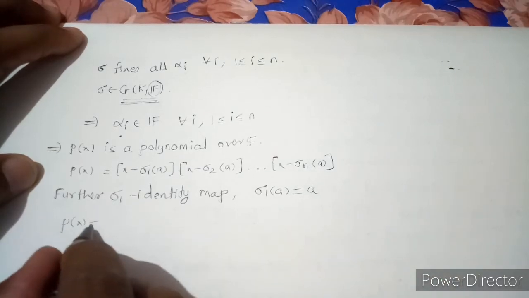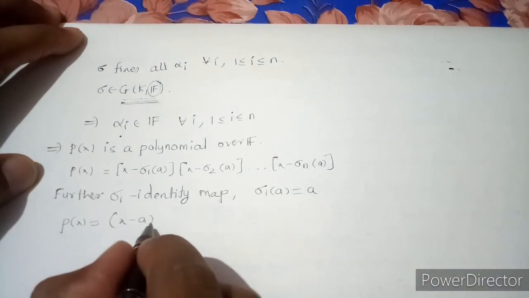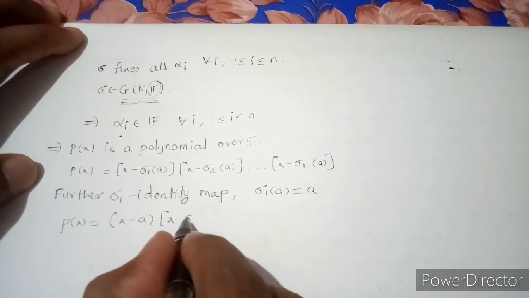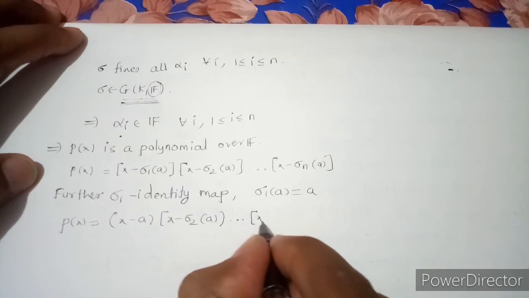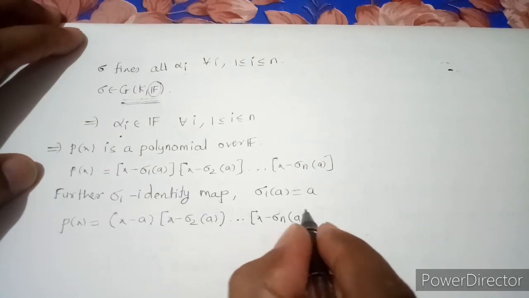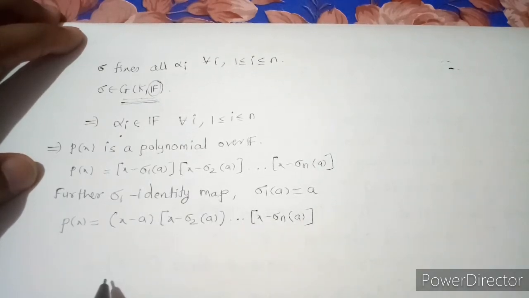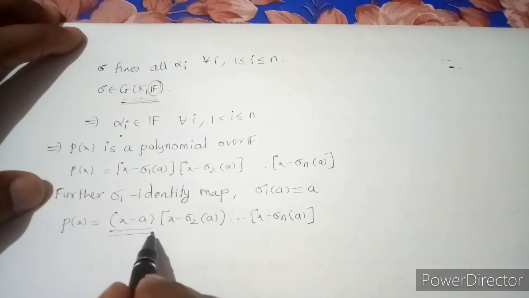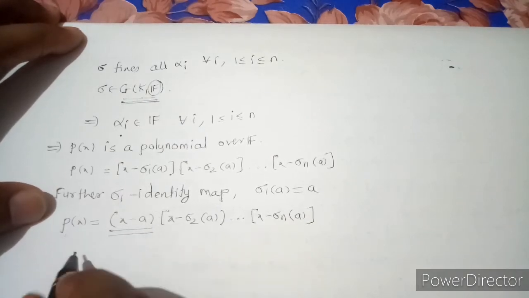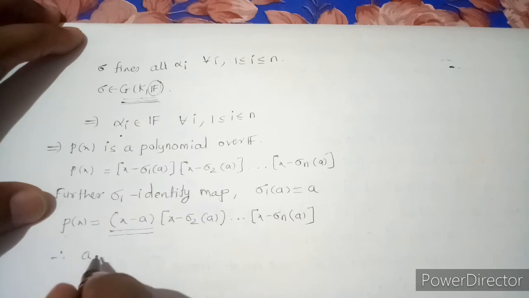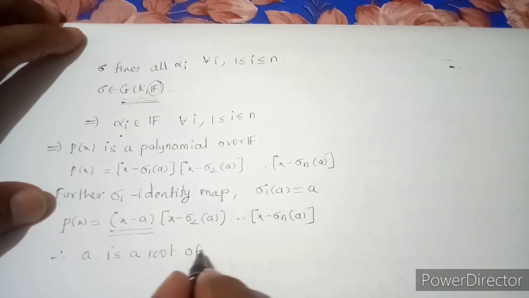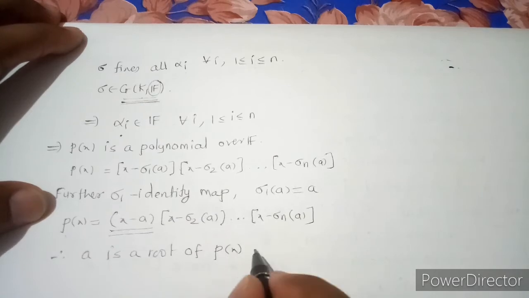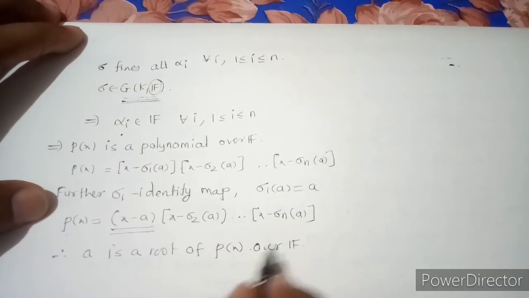So P of x is equal to x minus a into x minus sigma 2 of a, and so on, x minus sigma n of a. Here we can see that x minus a is a factor of P of x, and therefore a is a root of P of x, which is a polynomial over F.